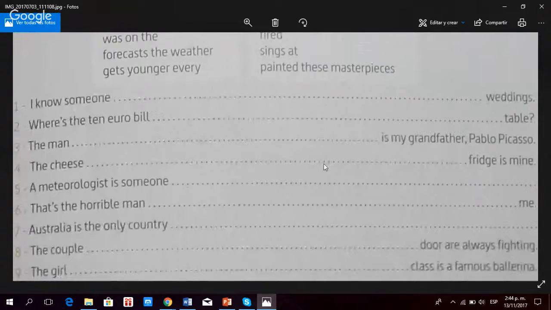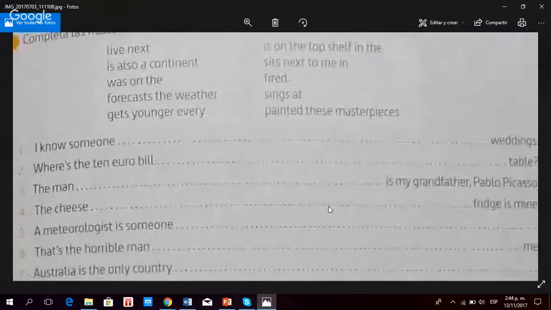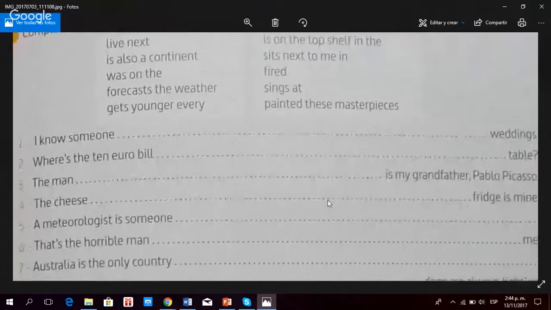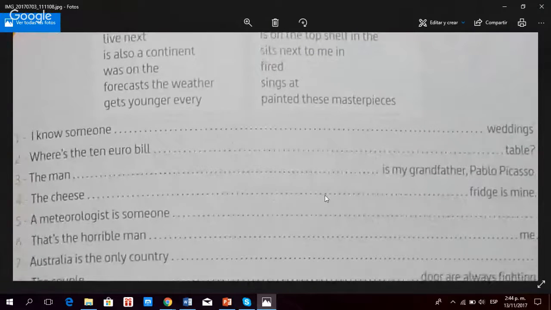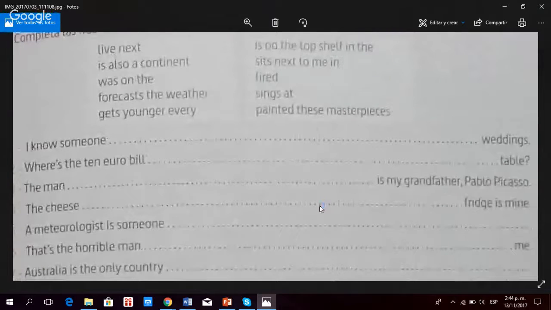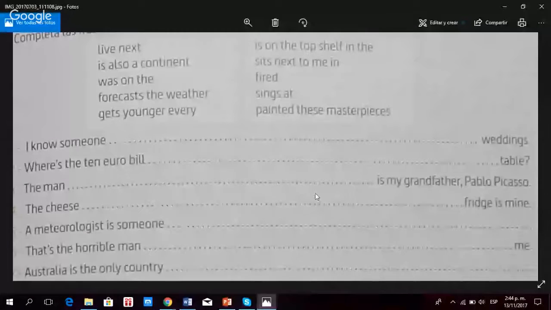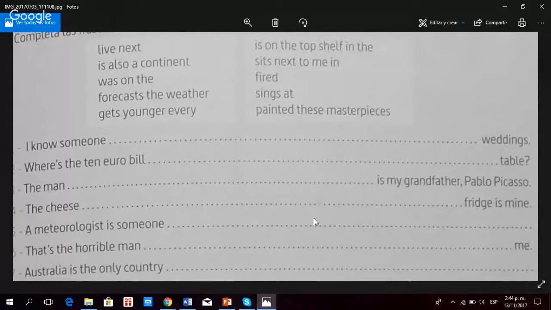Australia is the only country that is also a continent.